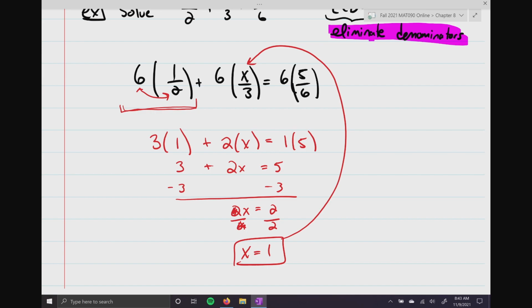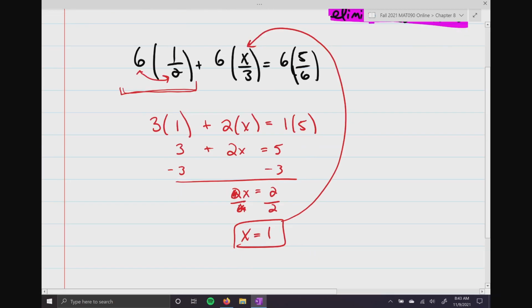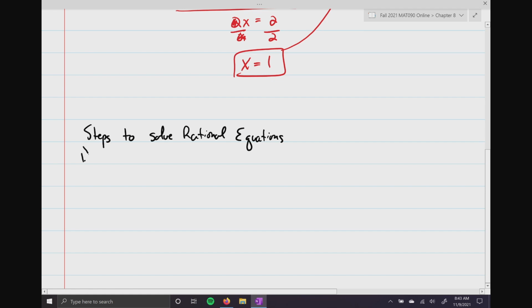You're going to try to find that LCD first, and then you're going to multiply every single term by the LCD. Let's actually write this out. Steps to solve rational equations. I think this is going to be pretty nice, okay? So like I said, the first thing that we're going to want to do is find the LCD.